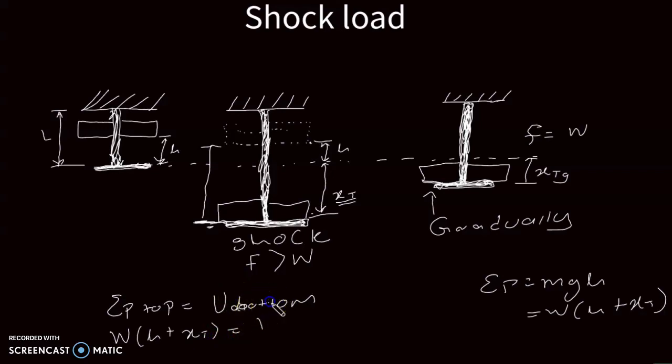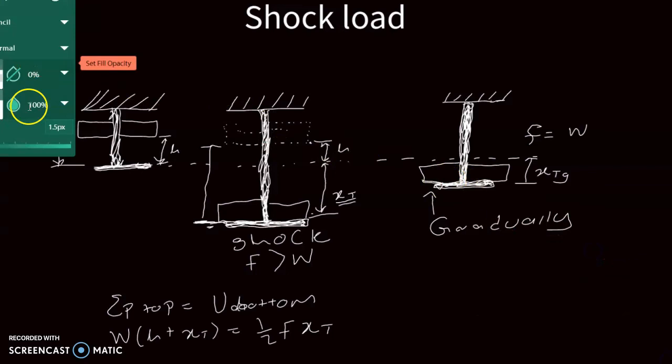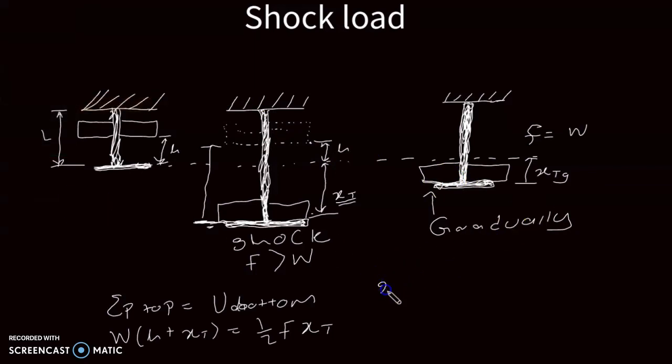We know strain energy is half F times the total change in length. And this is the formula that you will work with whenever you are told about shock load. To calculate the change in length due to the gradually applied load, we know change in length is force times length divided by E times the area.